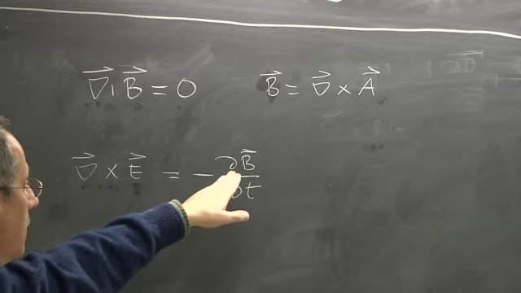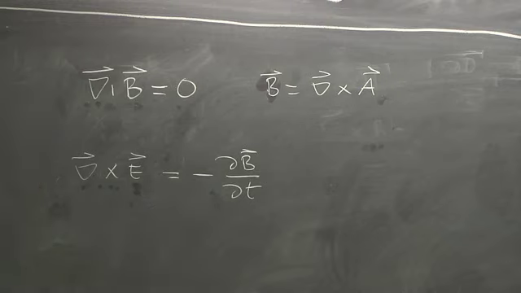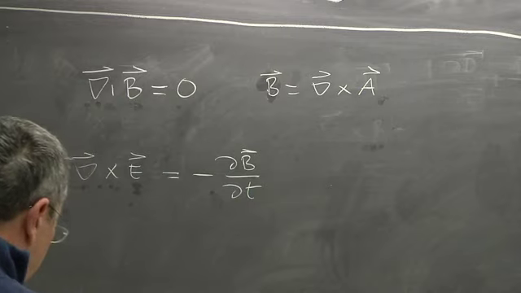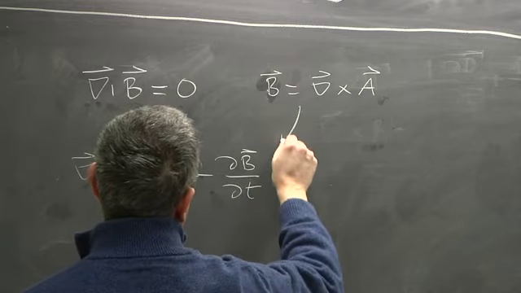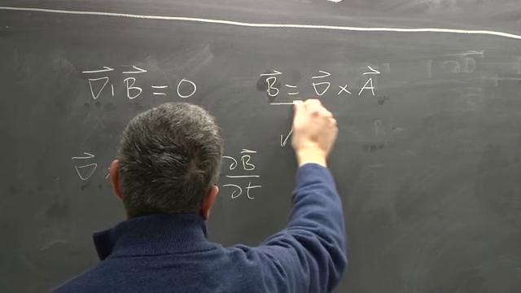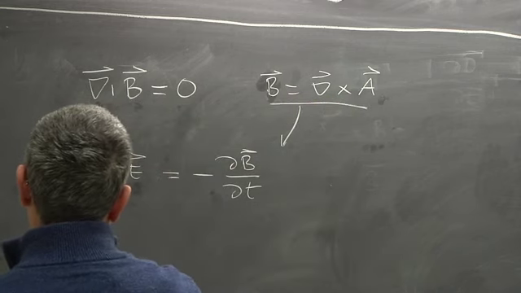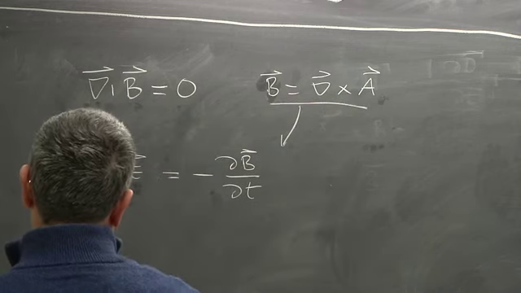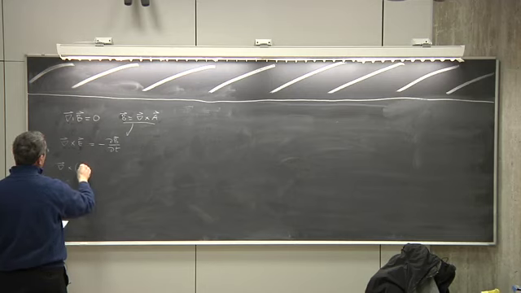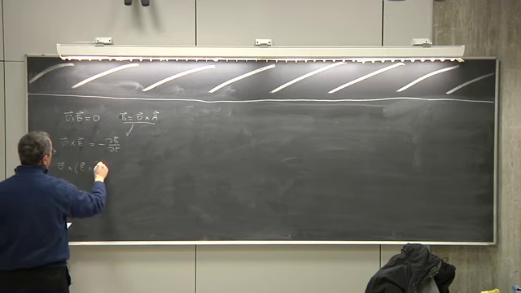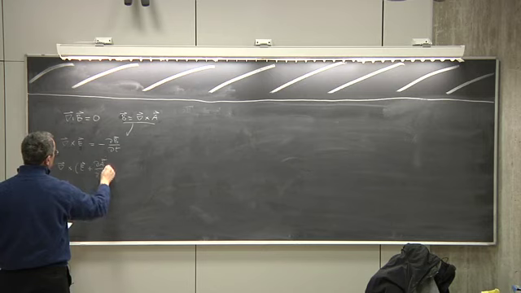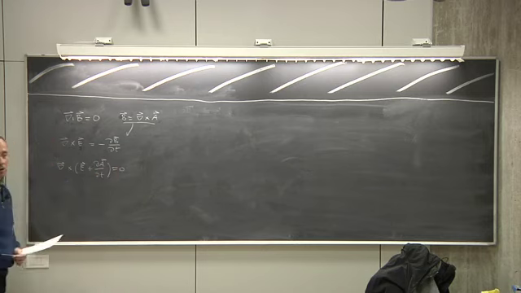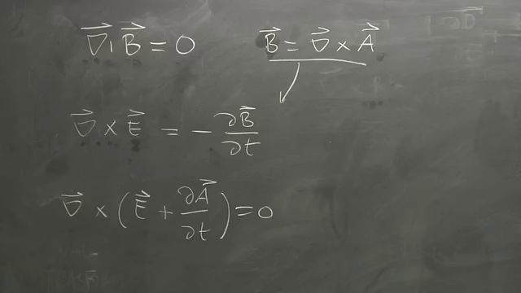In fact, the curl of E is equal to minus the partial derivative of B, right? But if you put for B this result that is always true, you get the next best thing, because you see, it's not true that the curl of E vanishes, but it looks like the curl of E plus dA/dt vanishes always, okay?